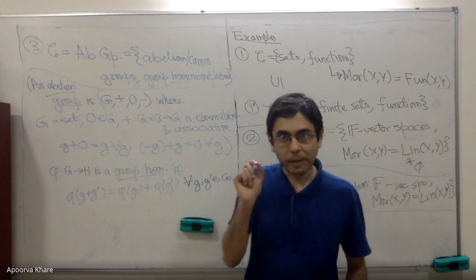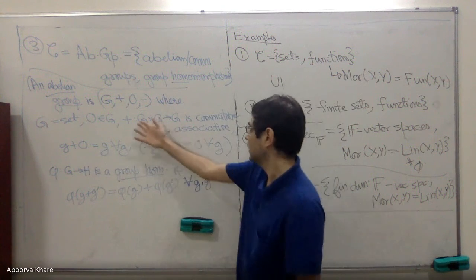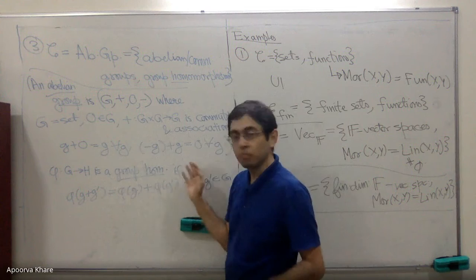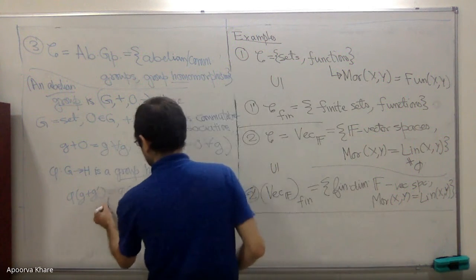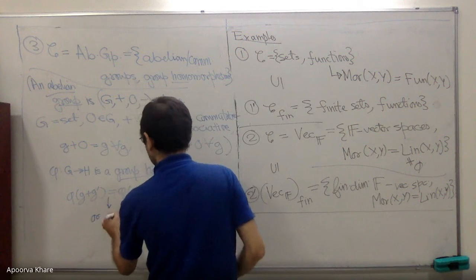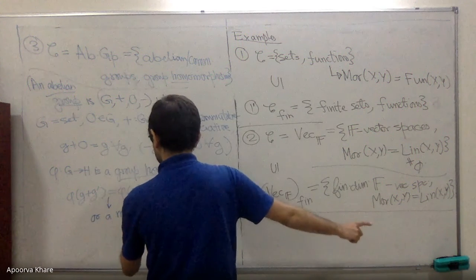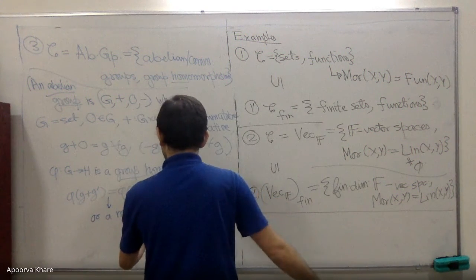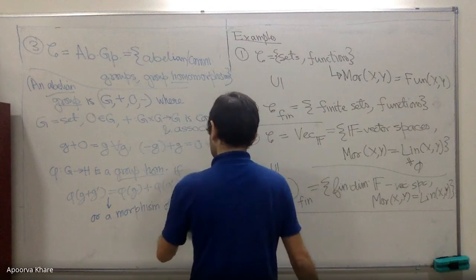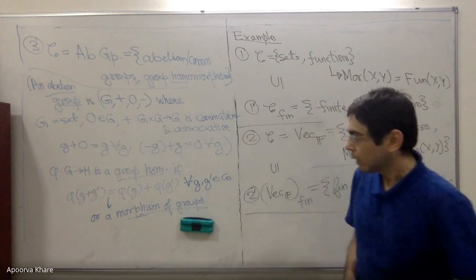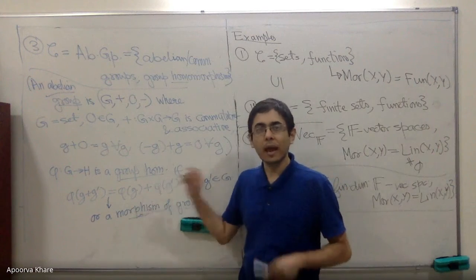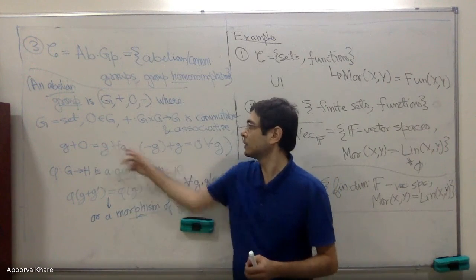So you see there is one binary operation called the addition here, and a group homomorphism, or a morphism of groups, is one that simply respects the addition, and that implies that it respects the other two operations as well.